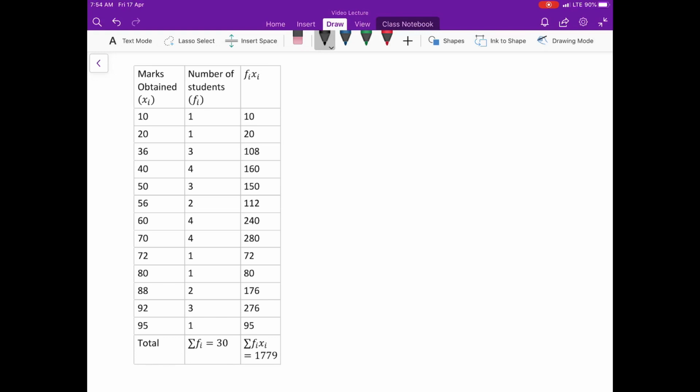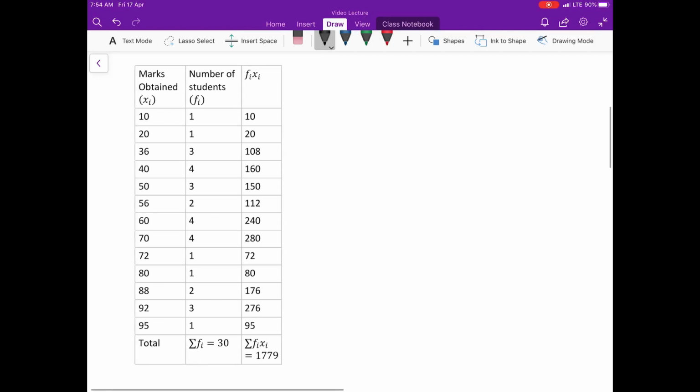If we have been asked to find the mean or average marks of the class, we will first calculate the sum of xi fi, then we will find the mean. Here the mean is x bar and the formula is sigma fi xi upon sigma fi.